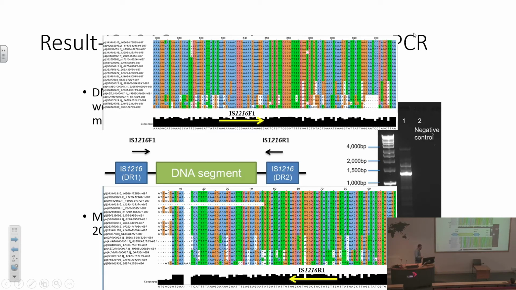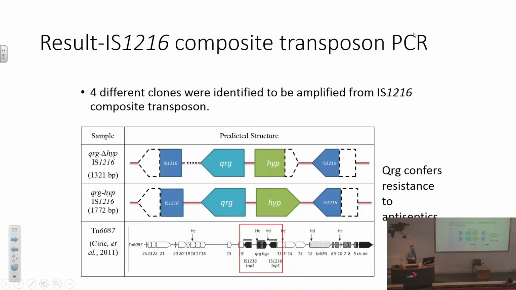In order to make sure we were working on a correct amplicon and not just something which was an artifact, the primers were designed slightly in from the ends of the element so we could use this as a signature. So we knew actually this conserved region, if it's there, it's a proper composite transposon.